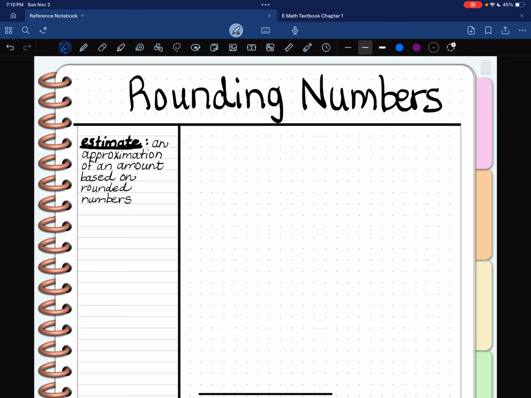And let's say that I am shopping for back to school, or maybe I'm taking a math class and I need some supplies. So I go to the store and I see that they have notebooks, and I am not an artist, so bear with me. They have notebooks that cost $4.95. And let's put a dollar sign so we know that we're dealing with money.